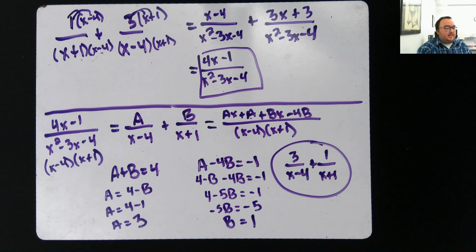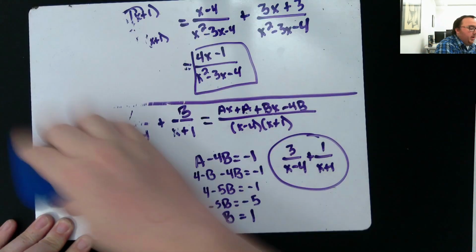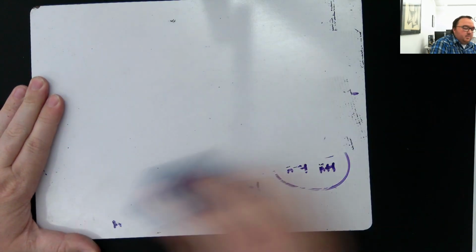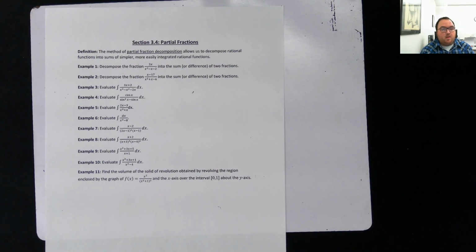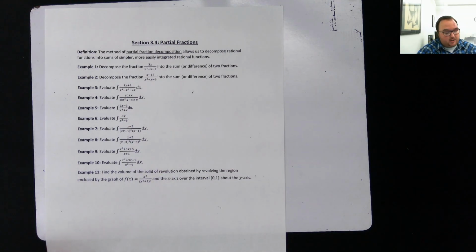So let's do some examples of that as practice. And of course, if it doesn't make sense, please reach out and let me know, and I'll help you out. Example number 1 on our handout just says decompose the fraction 3x over x squared minus x minus 2 into the sum or difference of just two fractions.